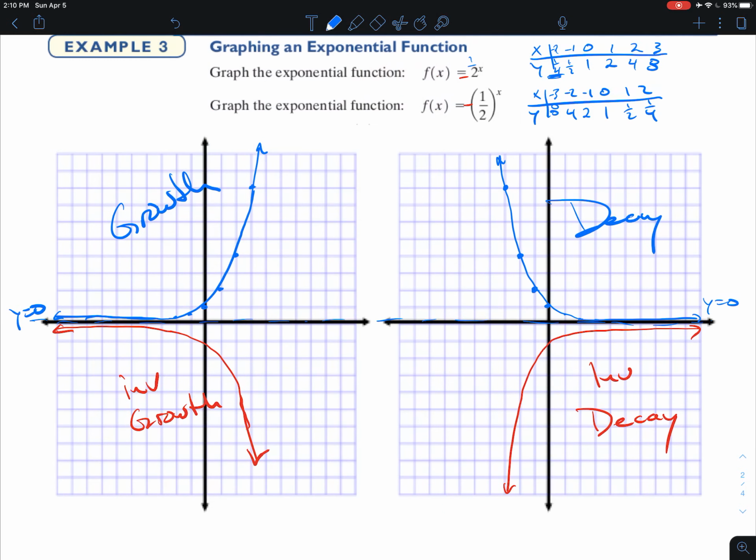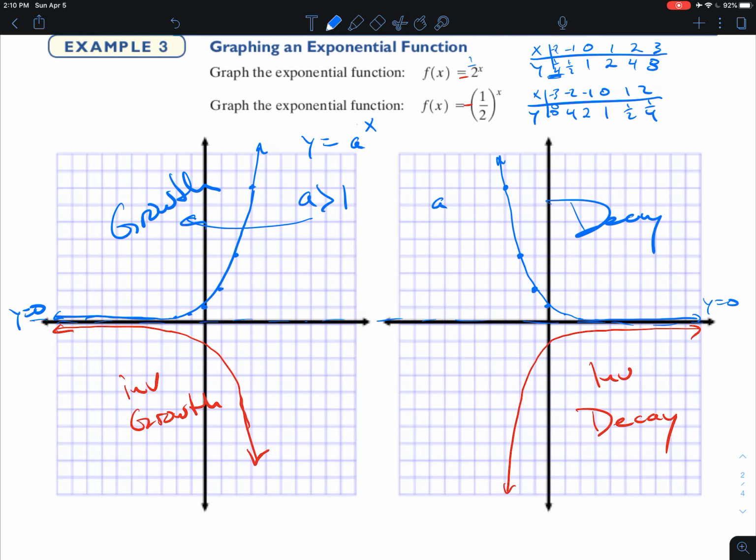The reason, if I've got an equation y equals a to the x, if a is greater than 1, like 2 or whatever it was, that's when it's going to be a growth equation.